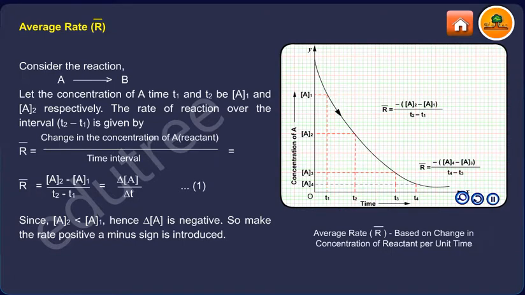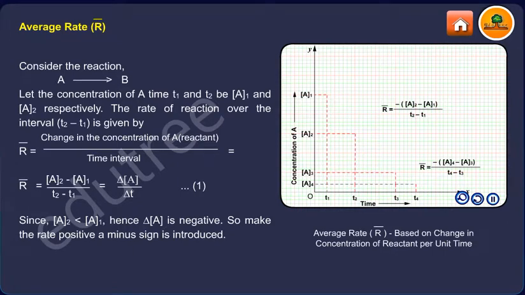The rate of reaction over the interval T2 minus T1 is given by R bar is equal to change in the concentration of A upon time interval, which is equal to concentration of A at time T2 minus concentration of A at time T1 upon T2 minus T1, which is equal to delta concentration of A upon delta T, equation 1.